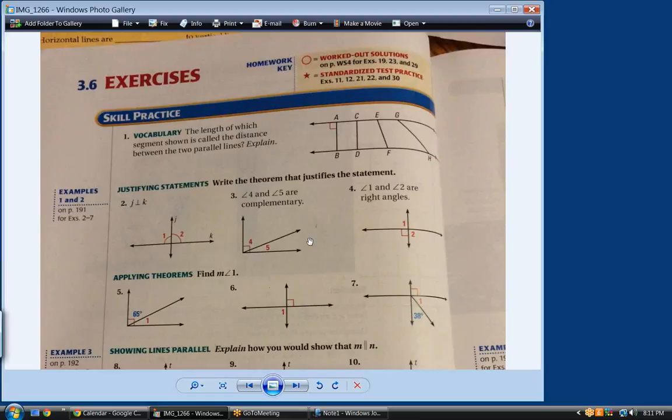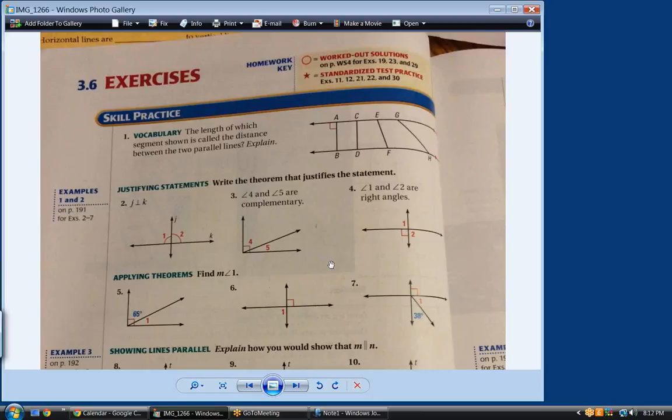If 2 sides of 2 adjacent angles are perpendicular, then the angles are complementary. That's what you want to answer for number 3.